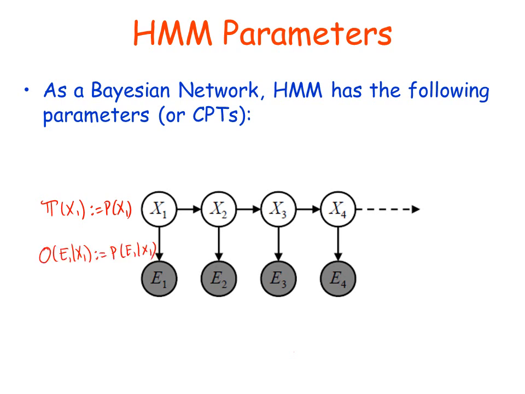Then we need to have CPTs for generating the observations from the states denoted by O of e given x, and then we need to have transition probabilities, denoted by T, probability of the next state given the current state.